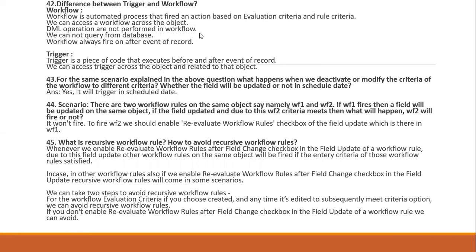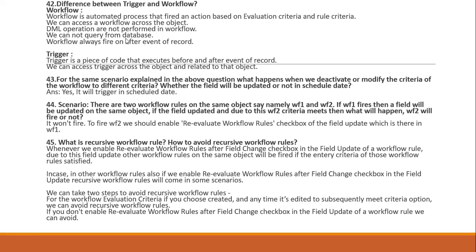Next question. Difference between triggers and workflow. A workflow is an automated process that fires an action based on evaluation criteria and rule criteria. We can access only the workflow's own object. DML operations are not supported in workflow.